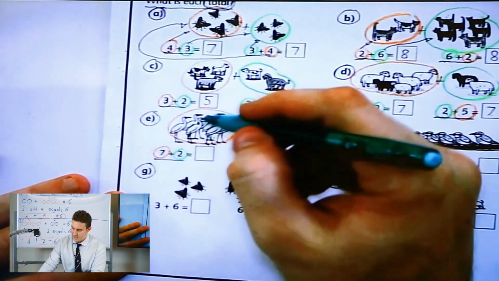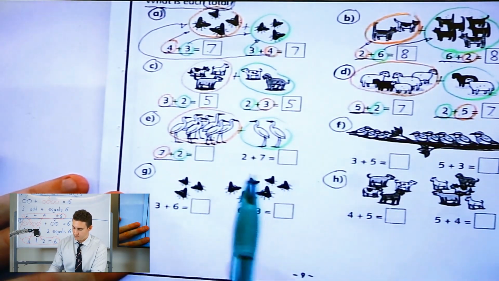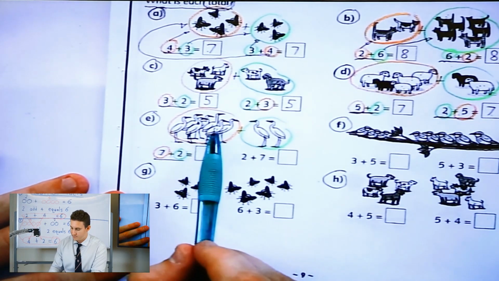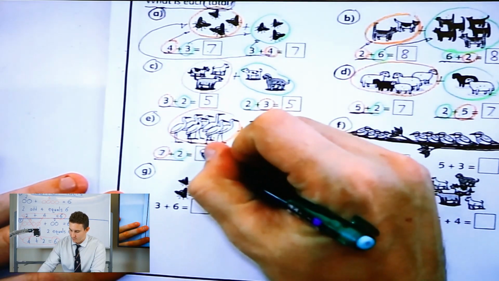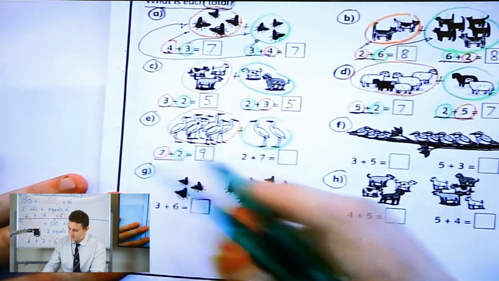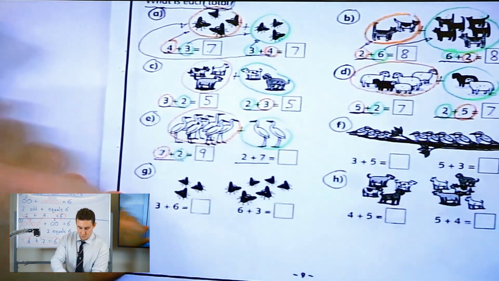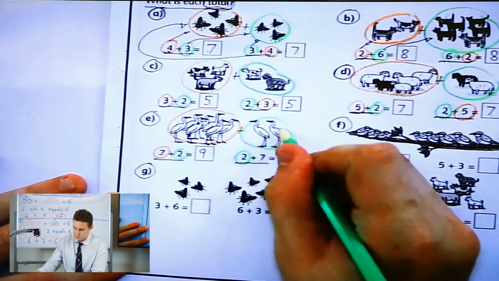1, 2, put in green. Okay, so now let's add them. 7 plus 2. So let's count together. 1, 2, 3, 4, 5, 6, 7, 8, 9. Very good. If we move on to the next sum, 2 plus 7. We know the 2 is in green. 1, 2.